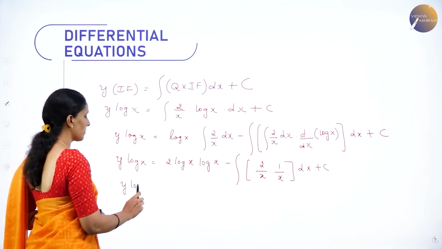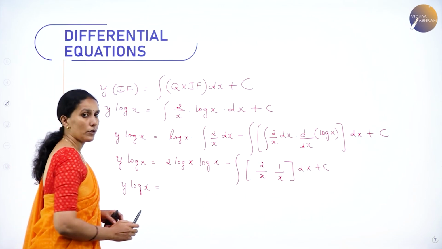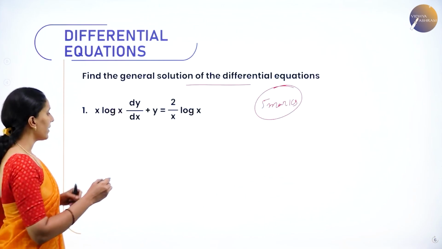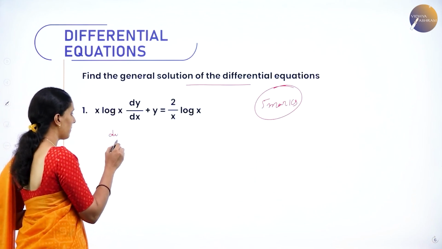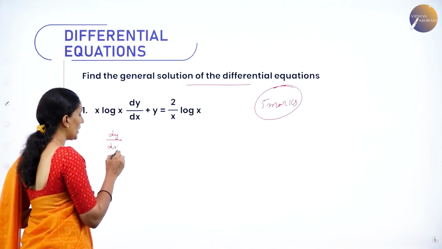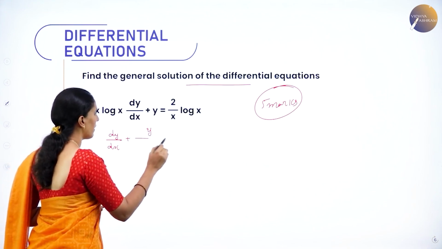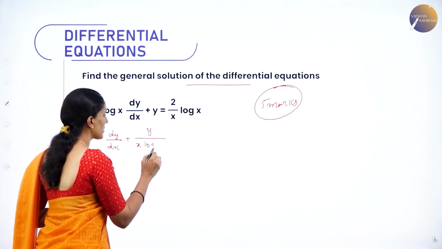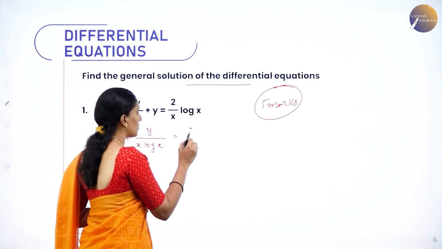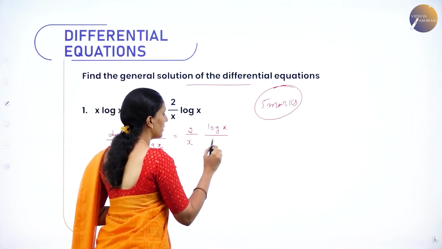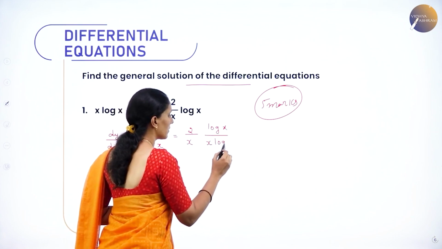So let us write this in the form of dy by dx. If I need dy by dx here, I should divide the whole equation by x log x. When you divide it, it becomes y divided by x log x is equal to 2 by x, here log x, and here we have x log x.